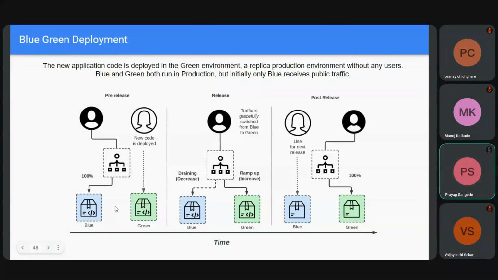Then the developers and the DevOps team will create one more setup which will be similar to this one, and they will have the updated code there. This is version 1, this is version 2. And then slowly the traffic will be split from version 1 to version 2. So this means creating an identical environment.